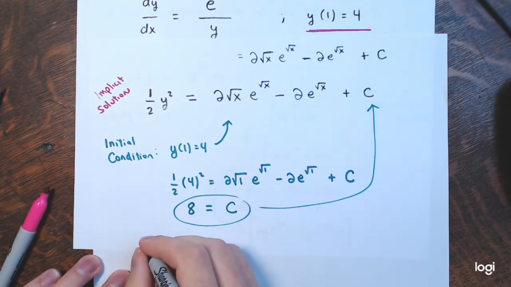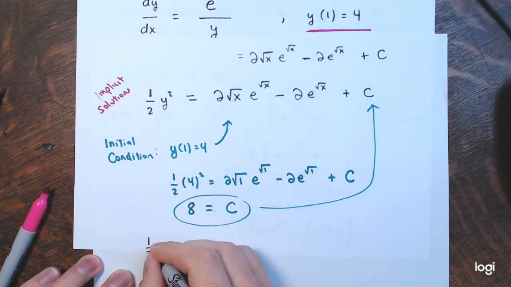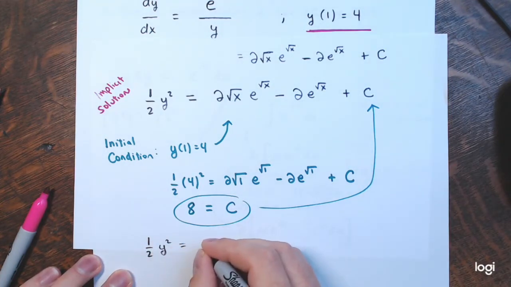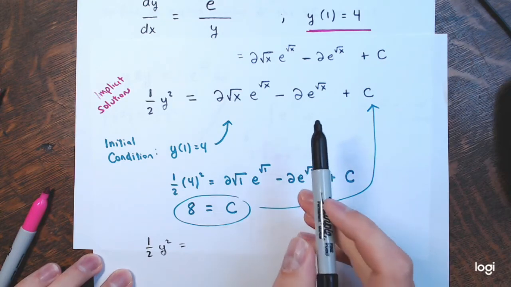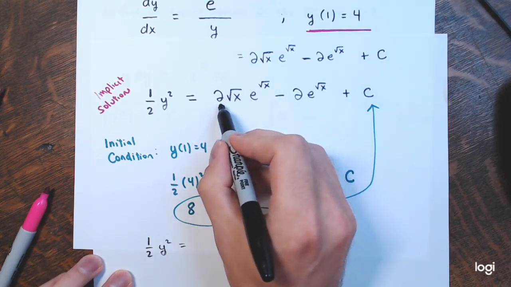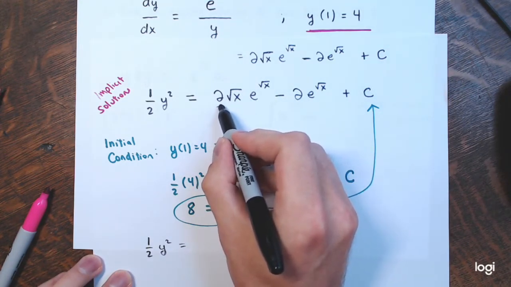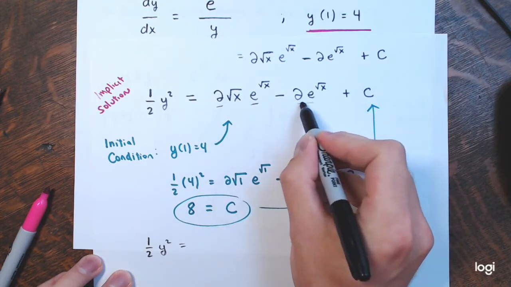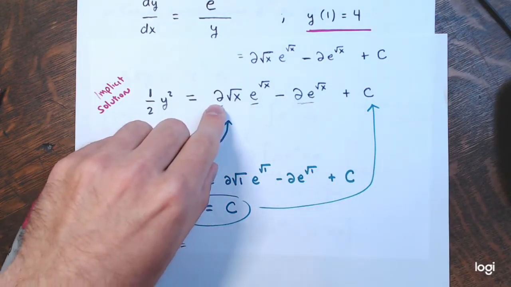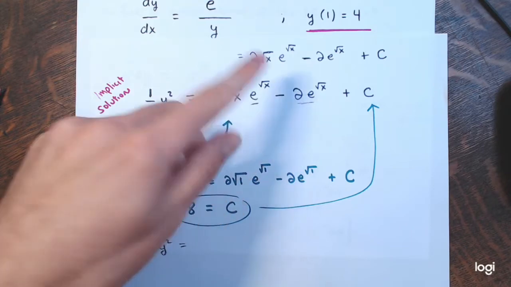So 8 equals c, that's going to go here. So I've got half y squared is equal to, now, something I'm going to do just to save on a little writing. I know you're probably thinking too late, you've already written so much. 2e to the root x is in both of these, so I'm going to factor that out.